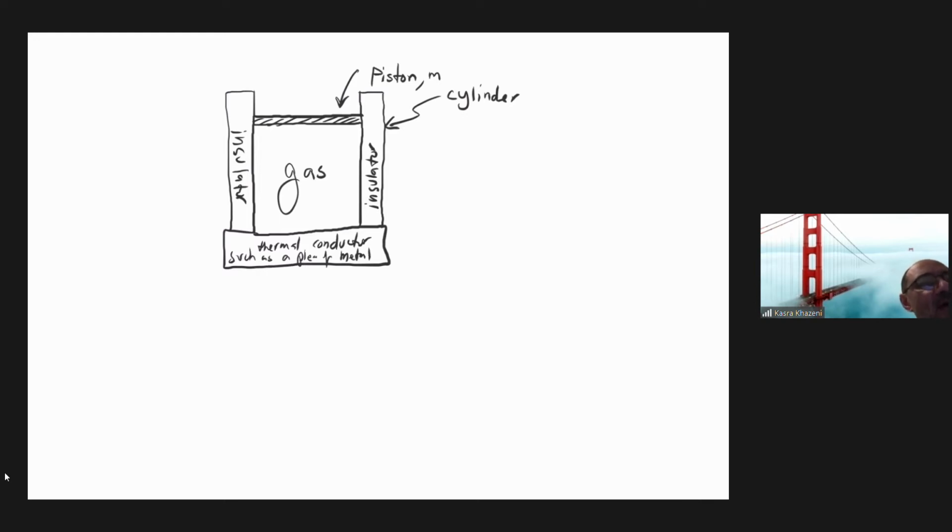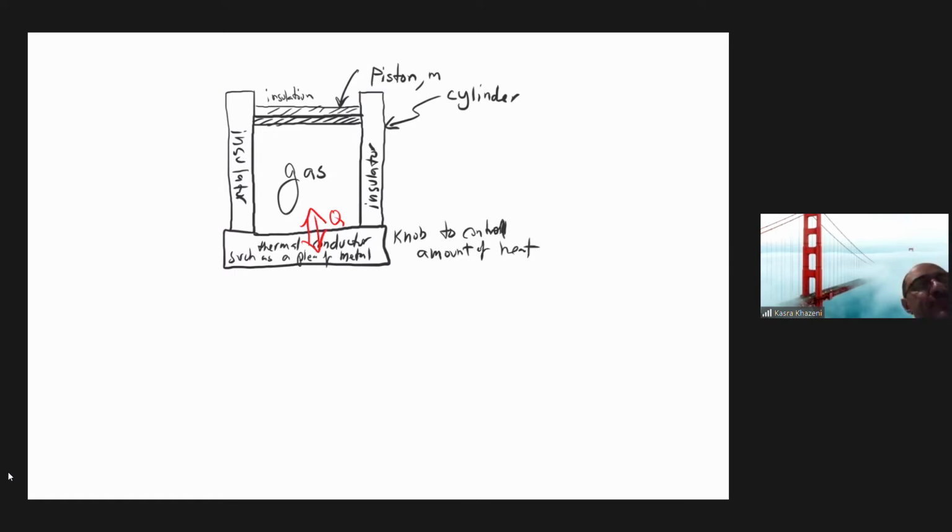All right, so now the gas, and suppose the piston has mass M and also is covered with some insulation. So the gas can only exchange energy with the conductor at the bottom. So thermal heat can only come in and out from the bottom conductor, and I can control it. Suppose I have a knob to control the amount of heat.